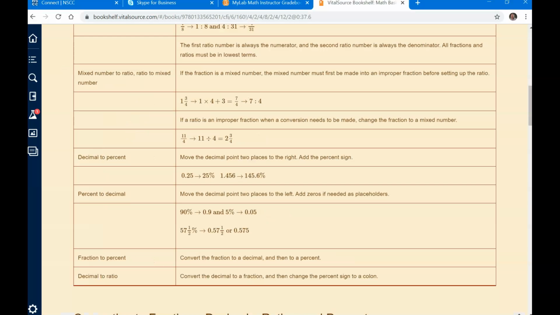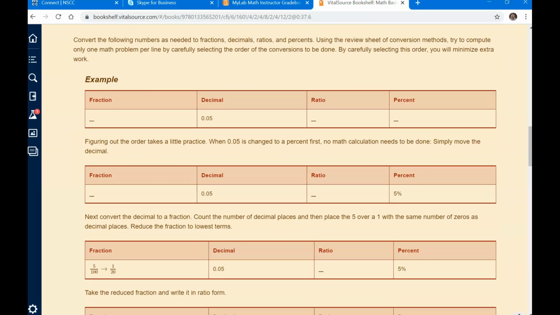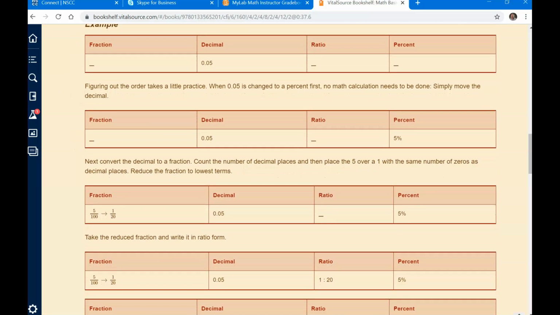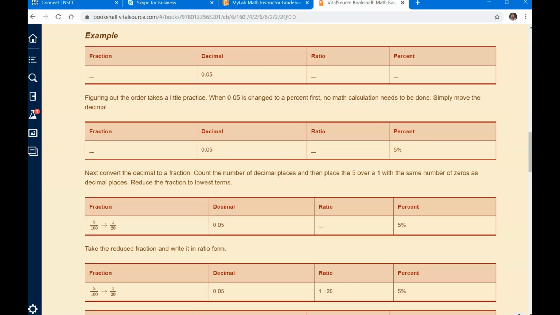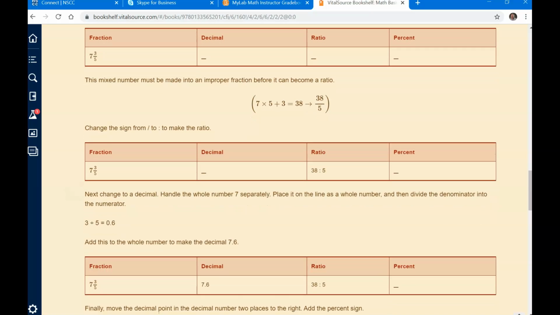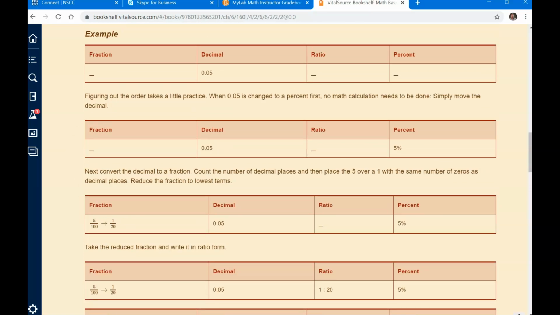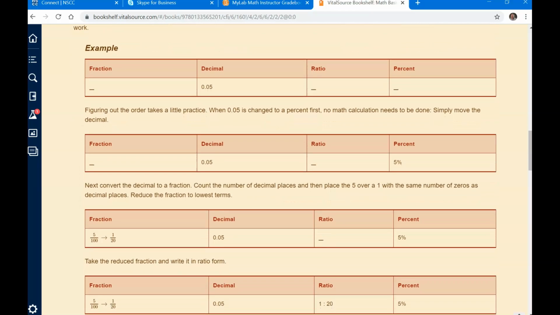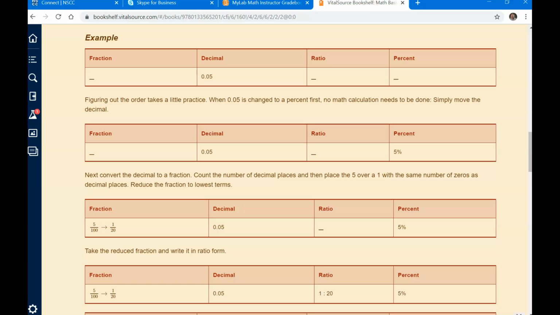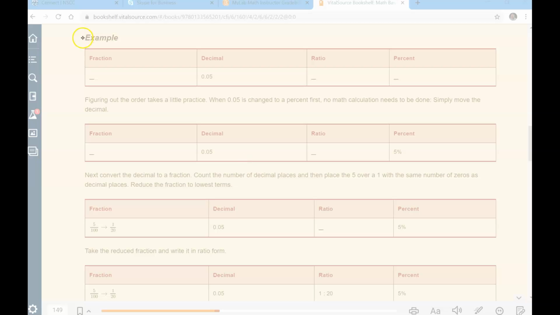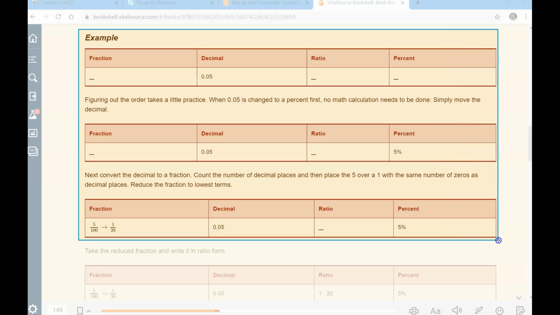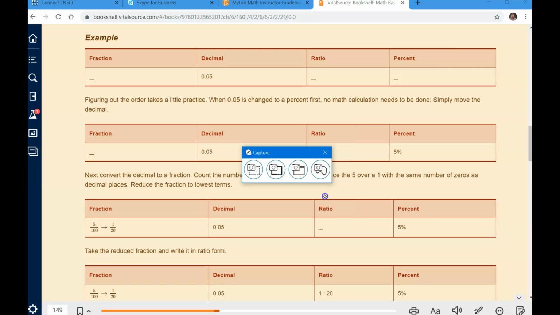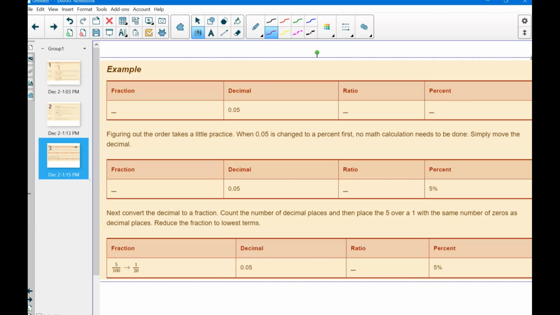Let's have some practice. What I want to do this time, I want to let you try some of these yourself first. Take a second and fill in the blank.